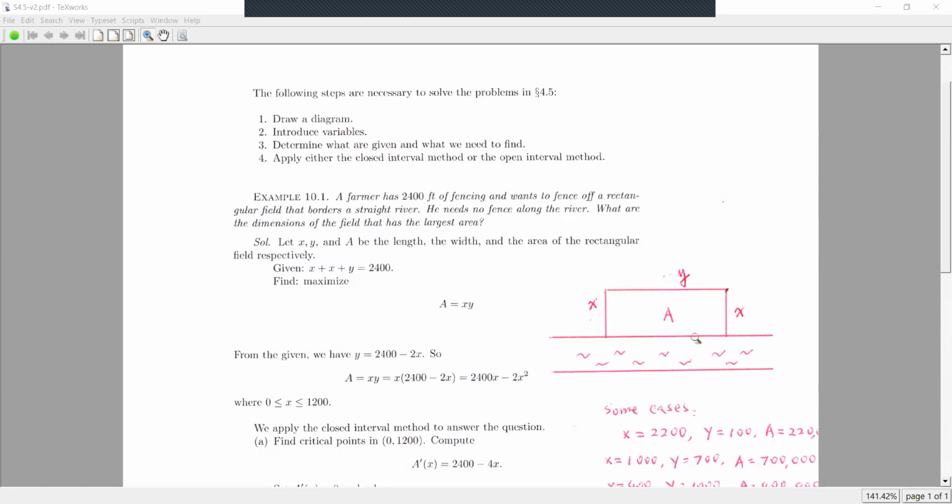Step 1, I am done. Draw a diagram. Now step 2, assign variables. I let x denote the width of the field, y be the length, and A be the area of the field. Please note that this section 4.5 is different from section 3.11. 3.11 is about related rates.